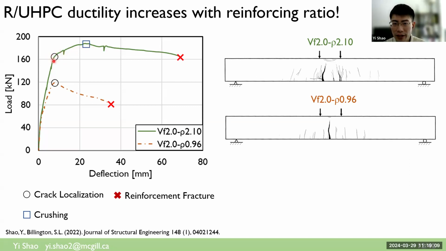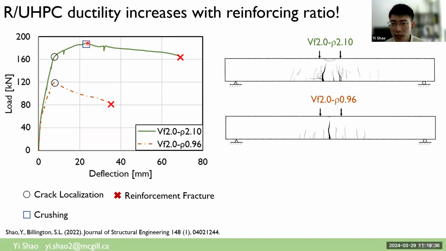And because the flexural stress increased after the crack localized in the weakest plane, additional localized cracks can form, which helps spread the steel plasticity from one single location to multiple locations, and therefore we can delay the steel fracture here.